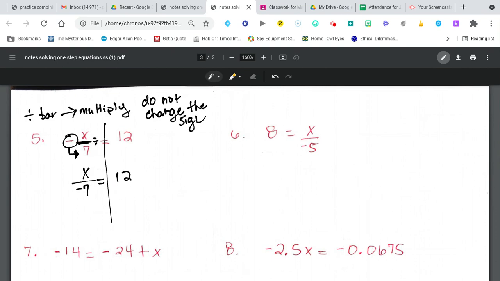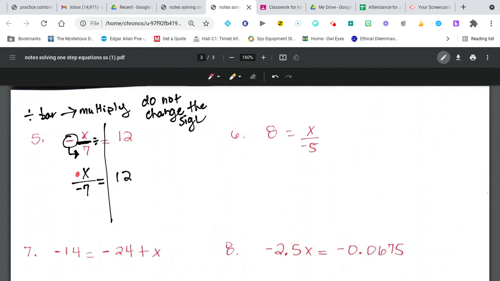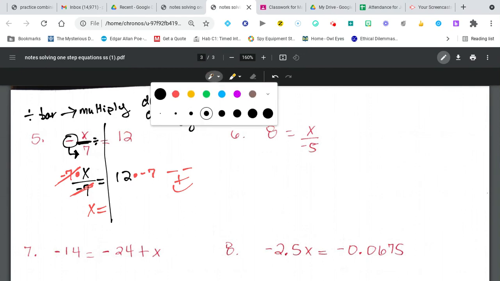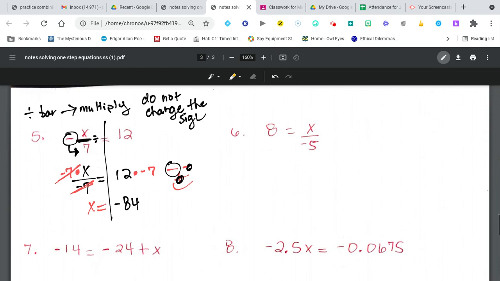Now, instead of dividing by negative 7, I'm going to multiply on both sides by negative 7. And these are going to cancel each other out, and I'm left with x. Now, if you multiply, use your smiley face. So you have a positive 12 times a negative 7, which leaves you with a negative 84. And that's all you do.